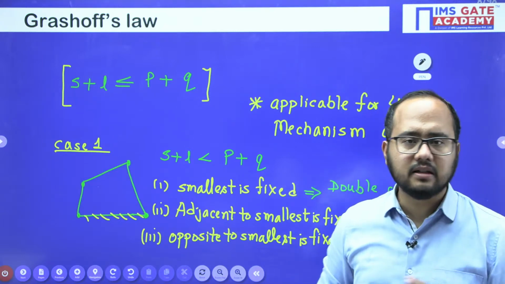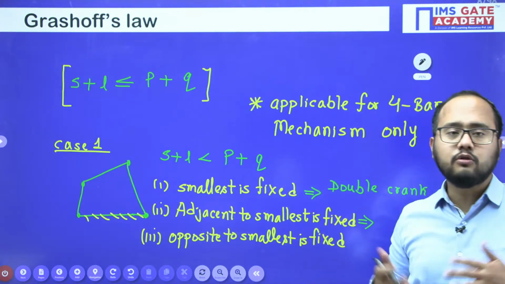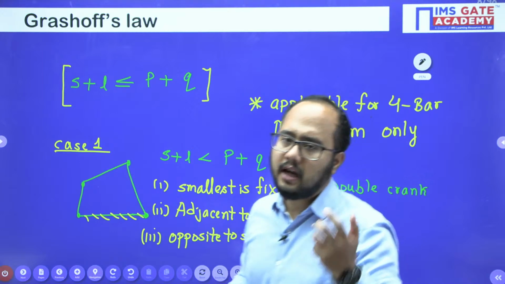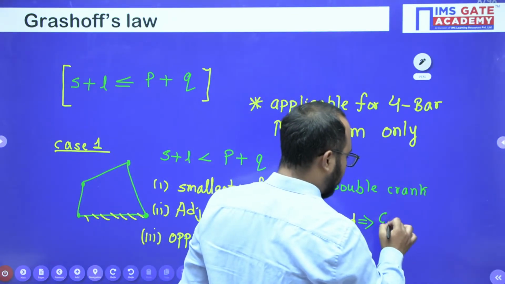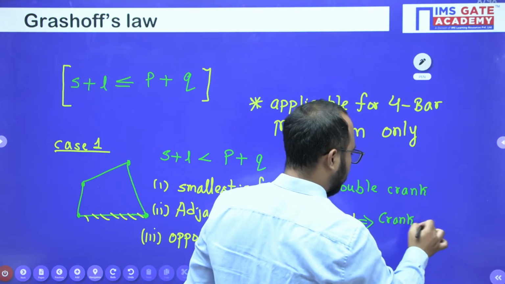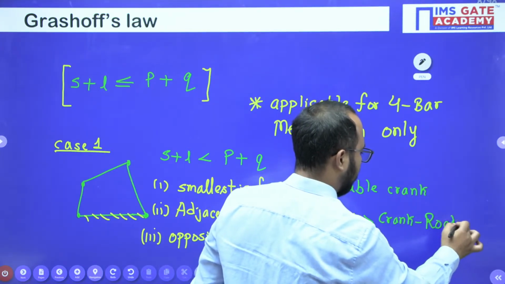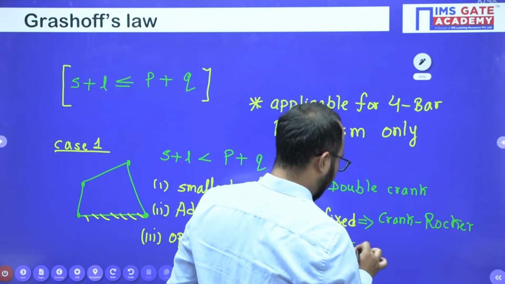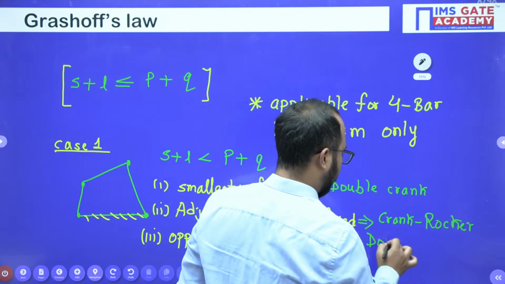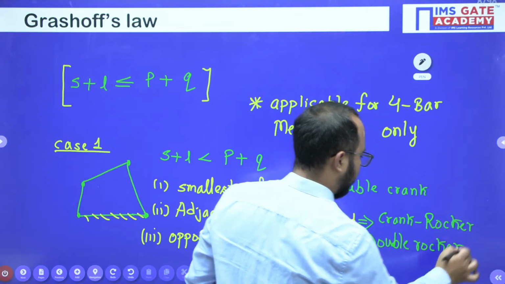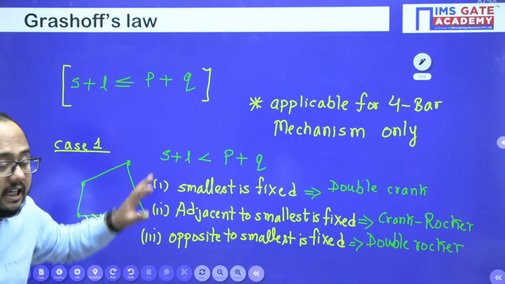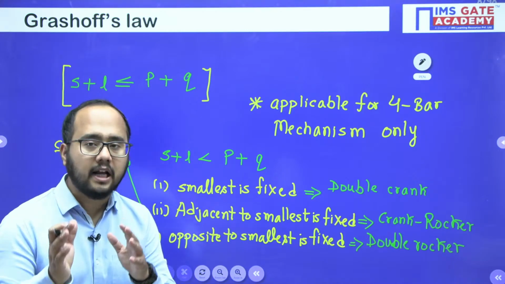And if opposite to smallest is fixed, double rocker mechanism you will see. Clear, everyone? So these 3 results you have to directly remember.